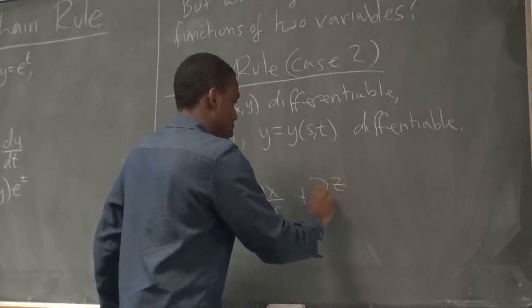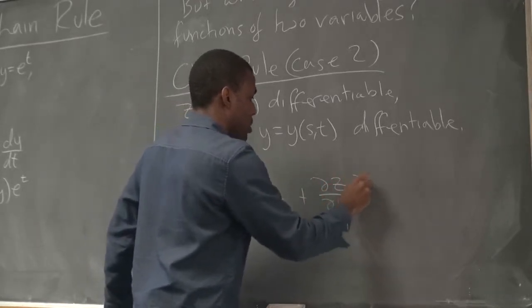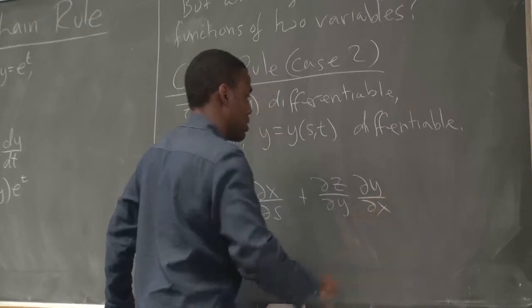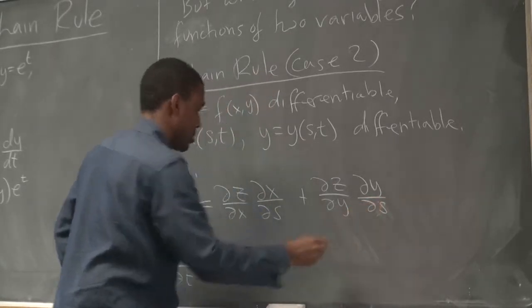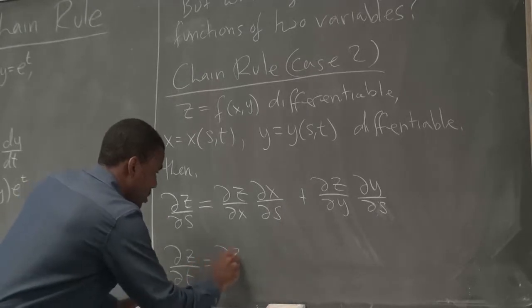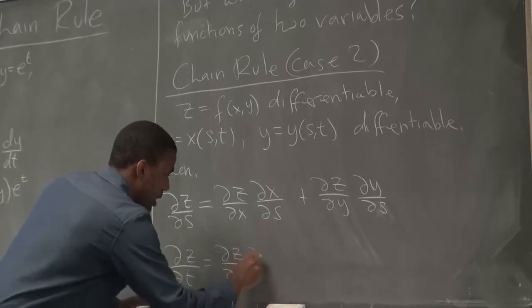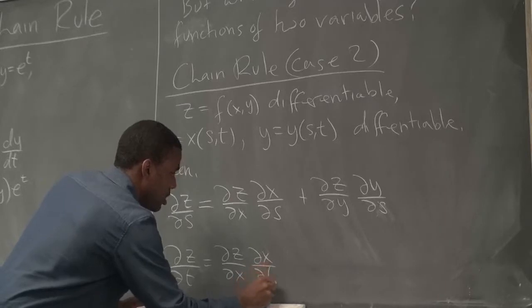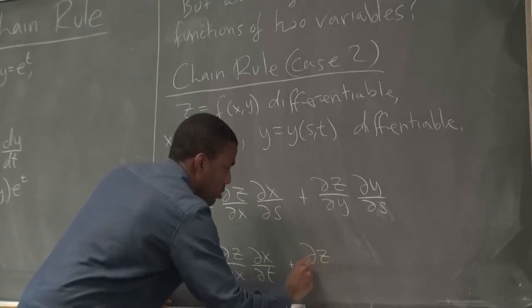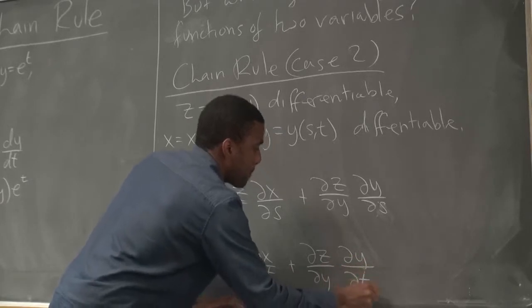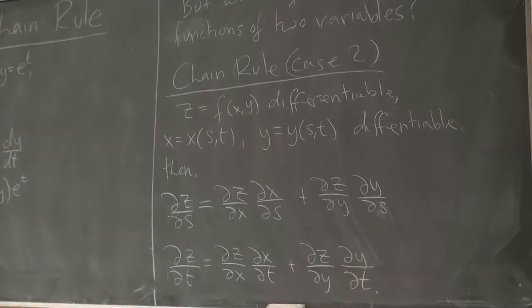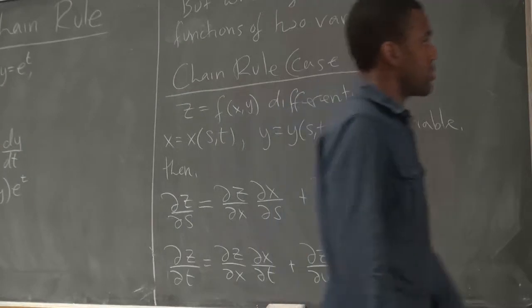Plus partial z with respect to y, partial y with respect to s. And for t: z with respect to x, x with respect to t, plus z with respect to y, y with respect to t. So you can do it piece by piece.